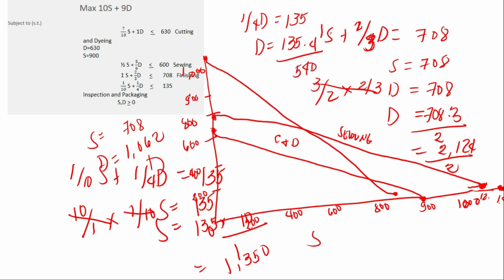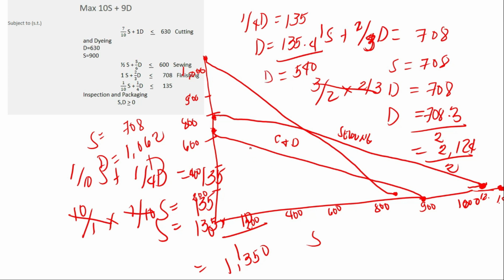Since our denominator is 1, it is really 540.